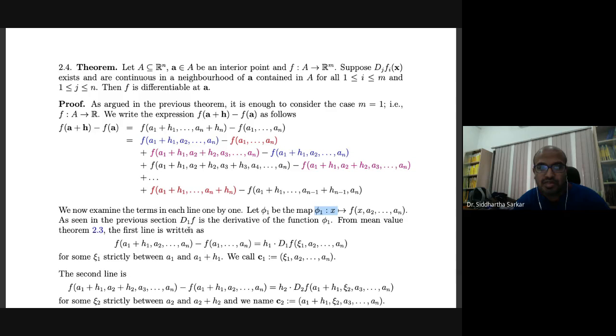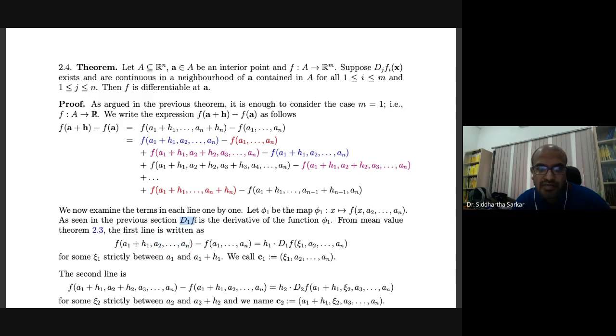recall the definition of the partial derivative, it just says that d1f is nothing but the derivative of phi 1 at the point a1. Okay, so there also we kept the second up to nth coordinates constant and only varied the first term.